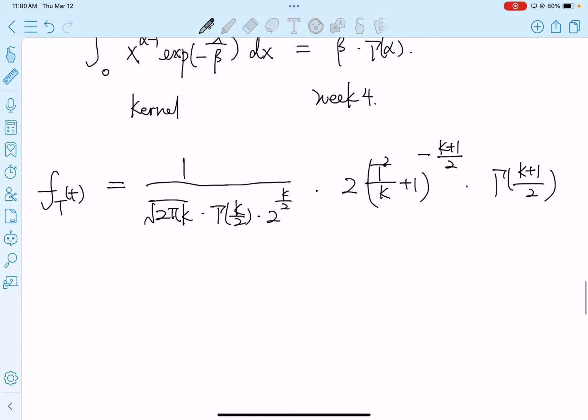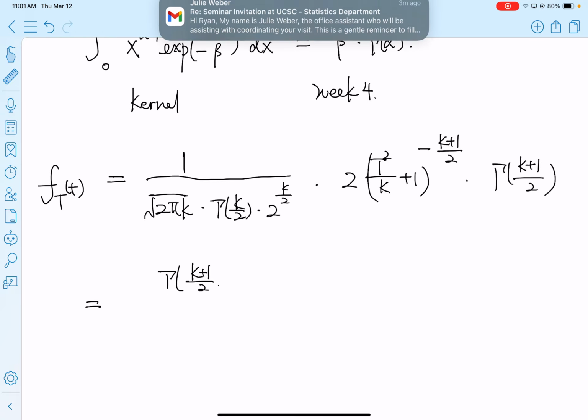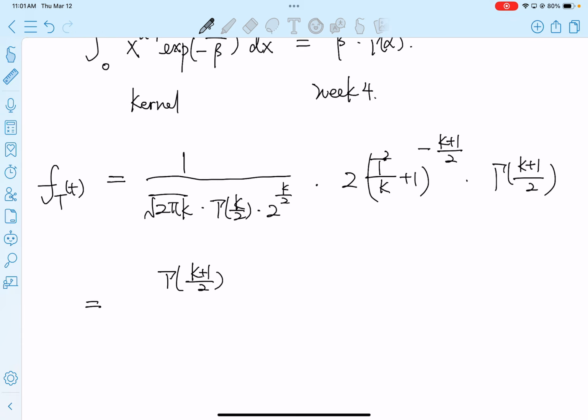Okay, and if you want, you can also group things a little bit differently. You need some more algebraic steps, but let me just provide you the final answer. Let me put the k plus 1 over 2 in the numerator.